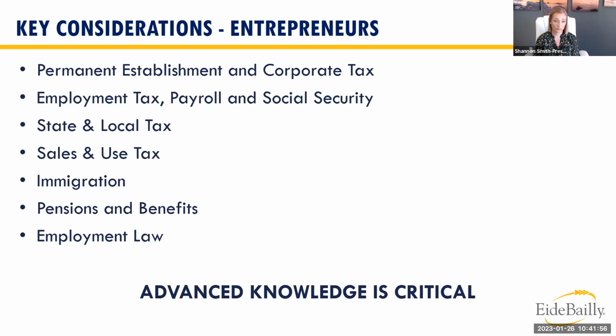And then, of course, employment law. Our laws are much different than in the UK in terms of what the employment laws say. So just being careful, especially in different states, there are unemployment taxes and other items that you might not be thinking about that need to be addressed as well. So I always say we need to have a discussion not only on the individual income tax side, but also the implications for the company.